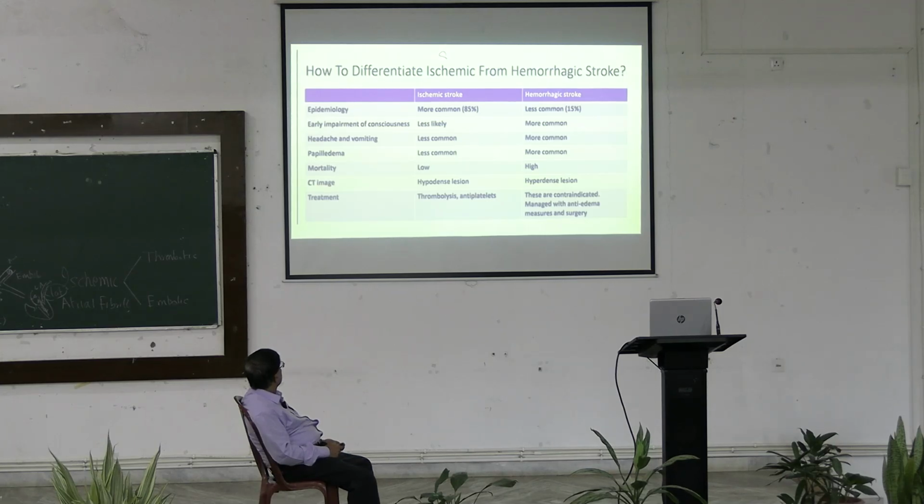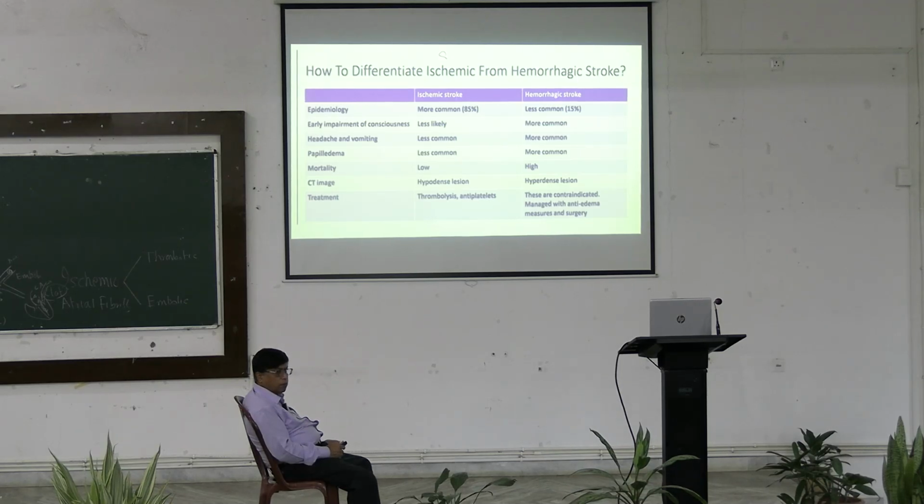Then mortality. In hemorrhagic stroke, definitely, mortality is very high compared to ischemic stroke. On CT image, an ischemic stroke is a hypodense area. A hypodense area looks like a black area, and a hyperdense area is a white area.